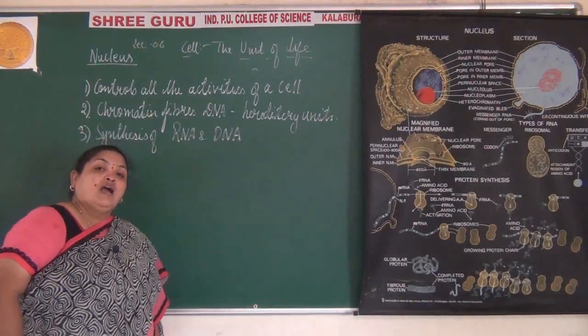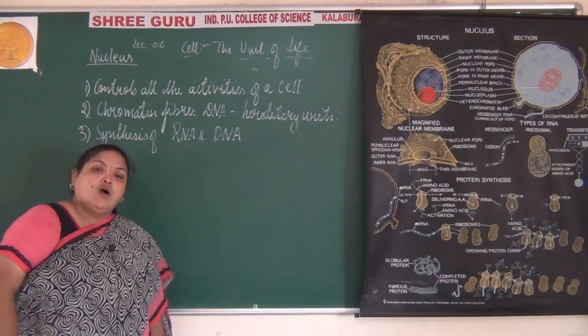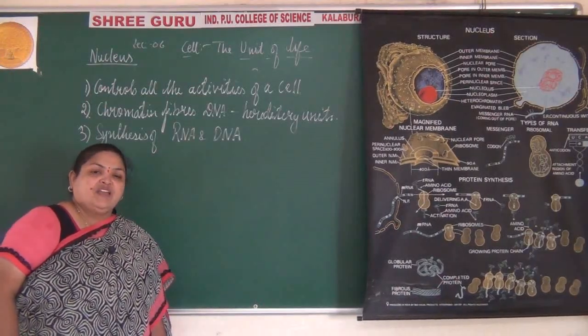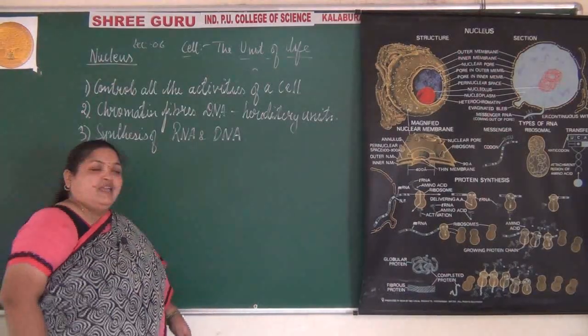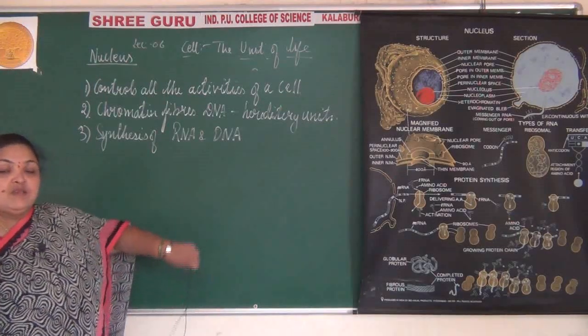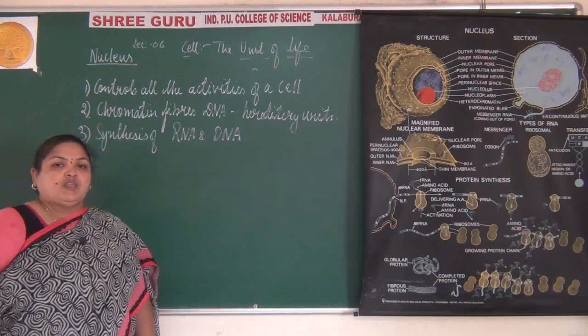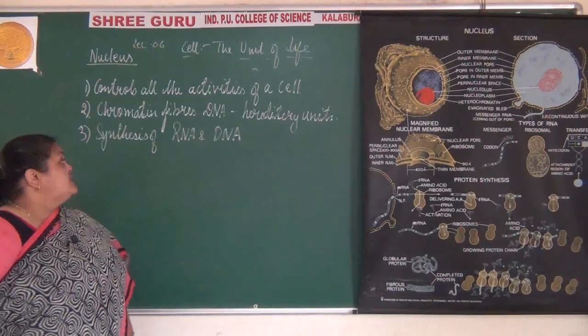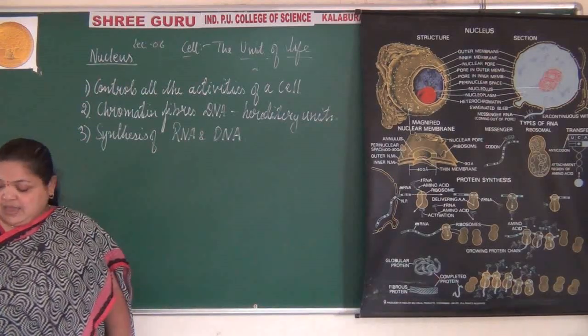These are all required for the process of protein synthesis or in many other metabolic reactions of our body. And you all know how important DNA is in living organisms, which helps to carry the characters from the parents to the offspring. So the nucleus is involved in the synthesis of DNA and the RNAs.